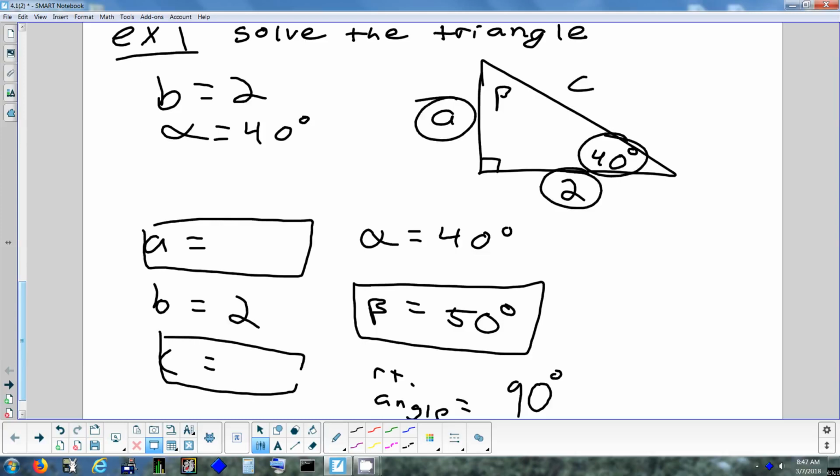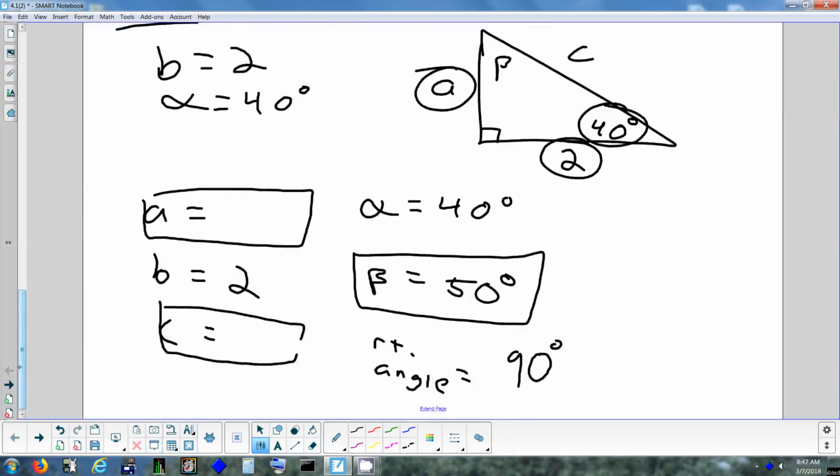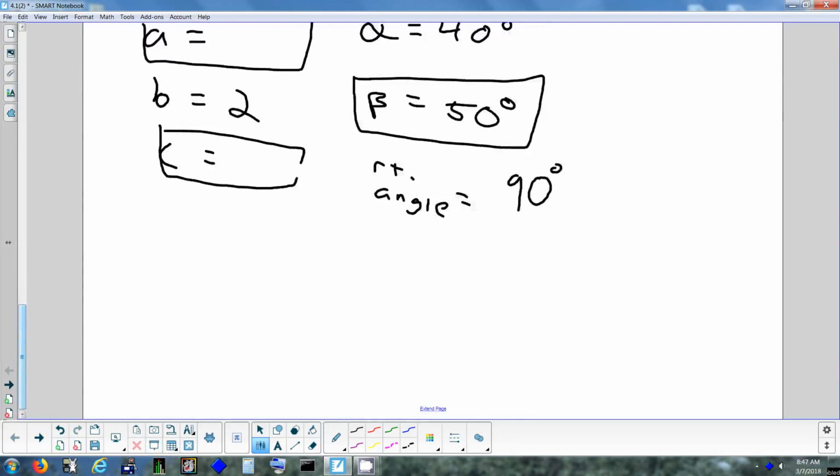When you're setting up an equation, there's always 3 things involved: the 2 things they gave you, and the 1 thing that you want to know. Okay. So let's set it up to find A. We have a choice of 3 trig functions.